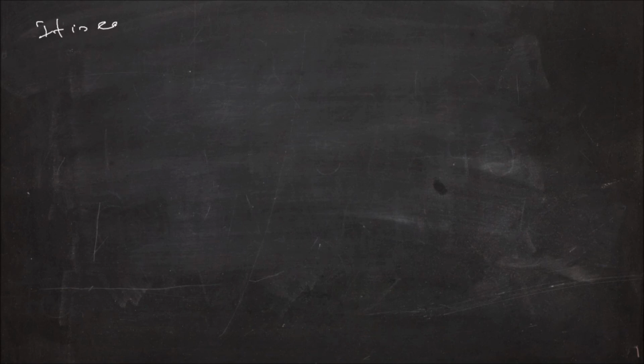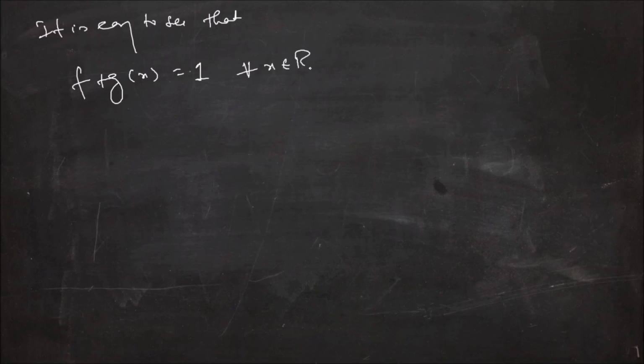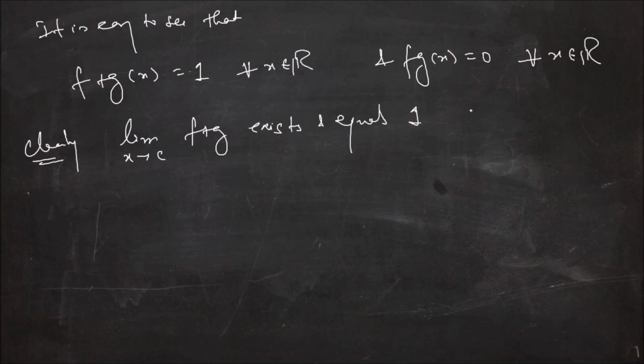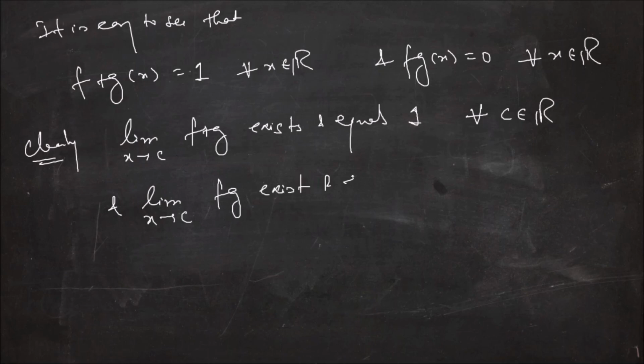So (f plus g)(x) is equal to 1 for every x in R, and (fg)(x) is 0 for every x in R. So clearly limit x tends to c of f plus g exists and equals 1 for all c belonging to R. You can take any point c and you will see that the limit exists, and limit x tends to c of fg exists and equals 0 for every c in R.